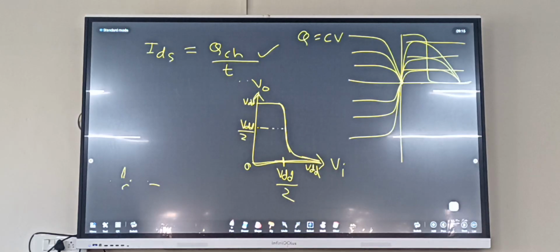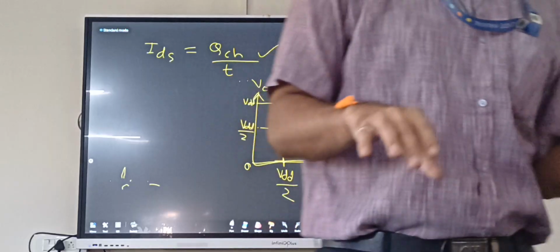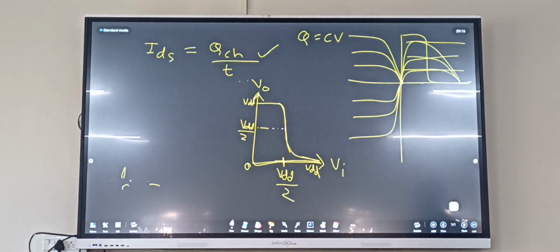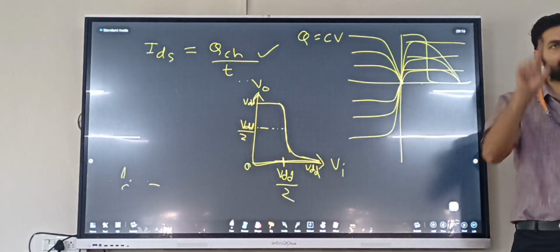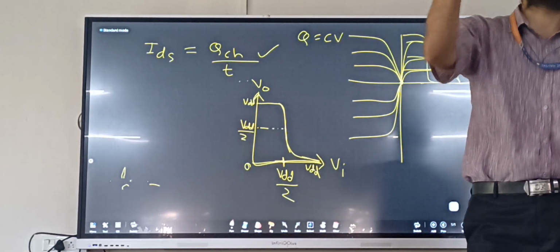What should be the Vi for the saturation and linear regions for NMOS, similarly for PMOS, and what is V0 for the linear region and saturation region for NMOS and PMOS. In the cutoff region, V0 is not valid, therefore we have not written V0, because the device itself is off. But for linear and saturation, we have mentioned V0.